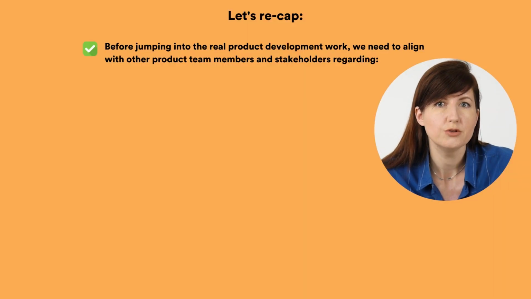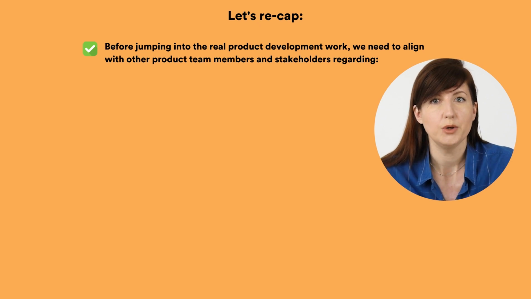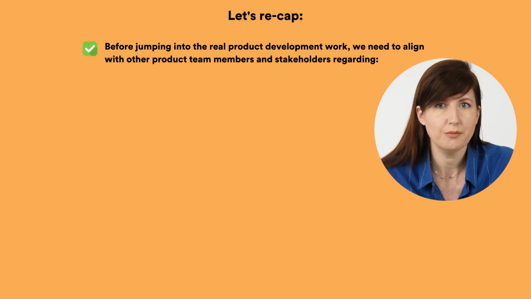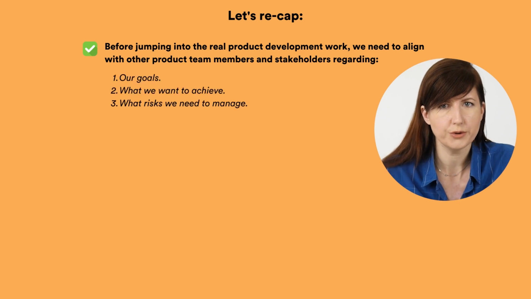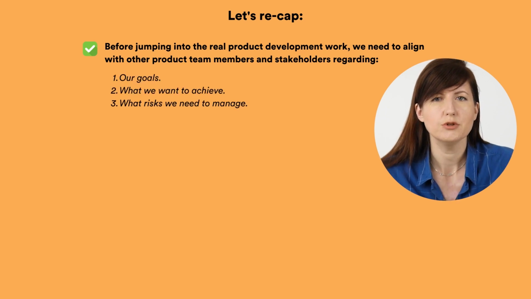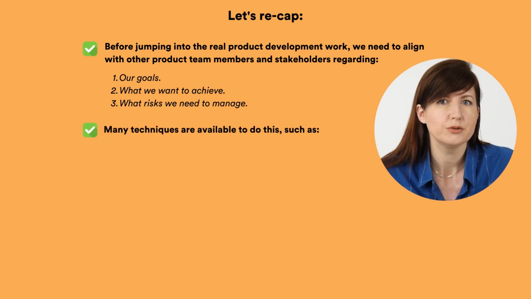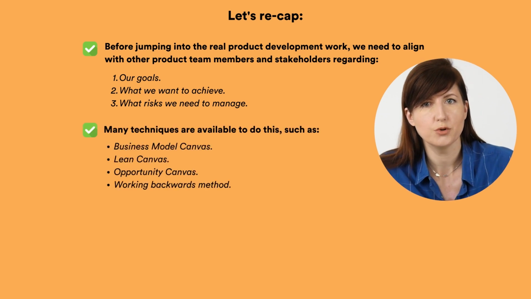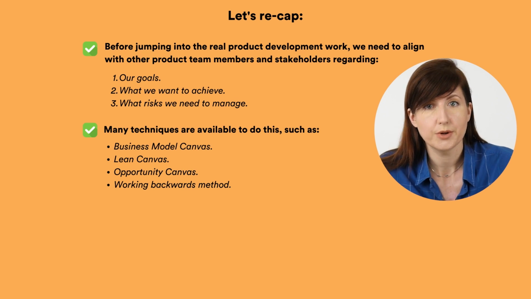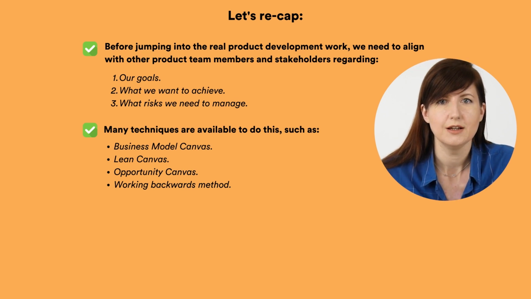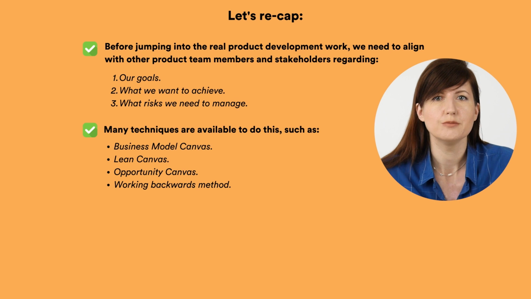And now, let's sum up what we've learned. Before jumping into the real product development work, we need to align with other product team members and stakeholders on our goals, what we want to achieve, and what possible risks we need to manage. Many techniques are available to do this, such as business model canvas that we've covered in the previous lecture, lean canvas, opportunity canvas, and working backwards method.